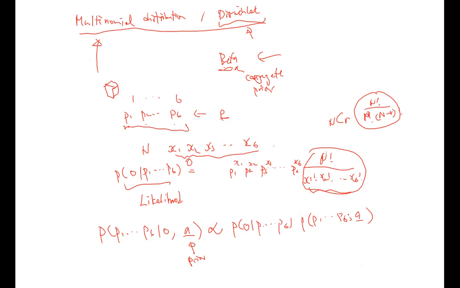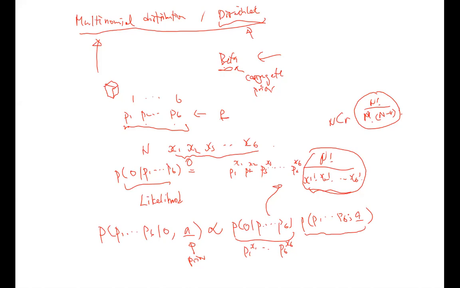Now, as before, this guy here is just equal to this one here, right? It is proportional to P1^x1 up to P6^x6 here. This one, again, I can take many forms, right? But I want to take the form that is convenient for me to do calculation.